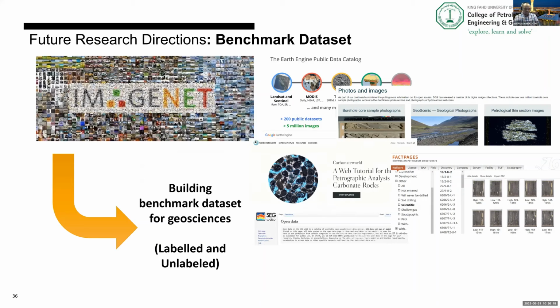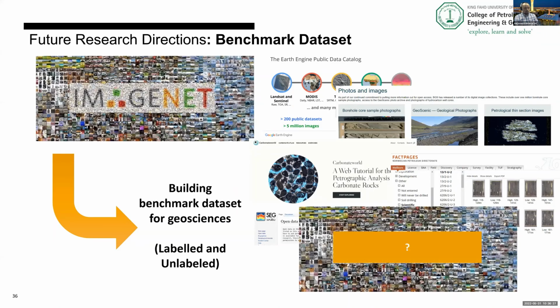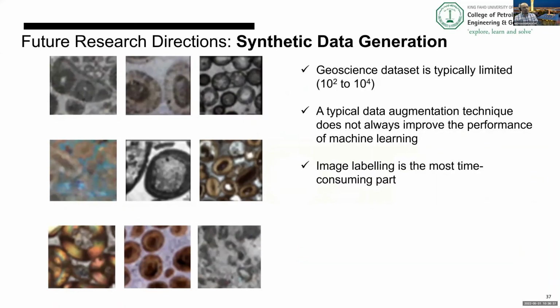So it still takes some time and big expertise to actually start analyzing this data. So will we have it soon? I don't know, but that's my hope. If we have it, I think it will really open a new horizon in AI research in geoscience.